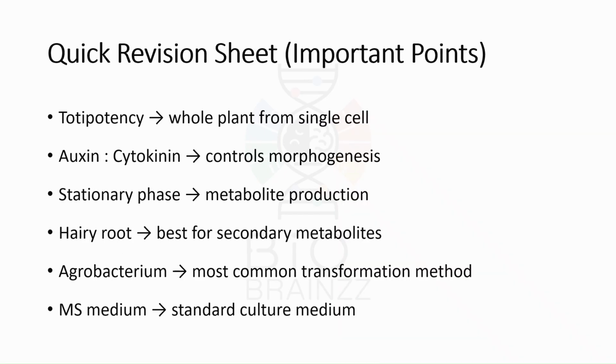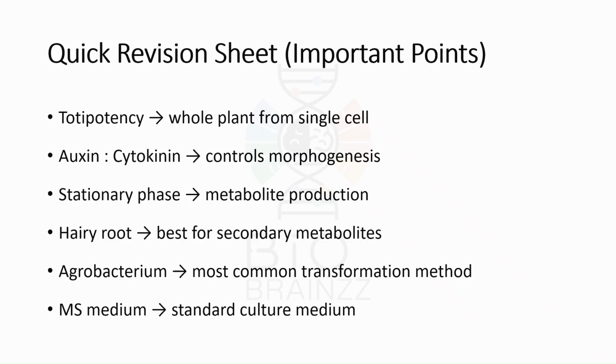This slide is very important for last minute revision. It summarizes key concepts like totipotency, which means a single cell can form a whole plant, and the auxin to cytokinin ratio, which controls plant development. Also remember that secondary metabolites are mainly produced in the stationary phase.